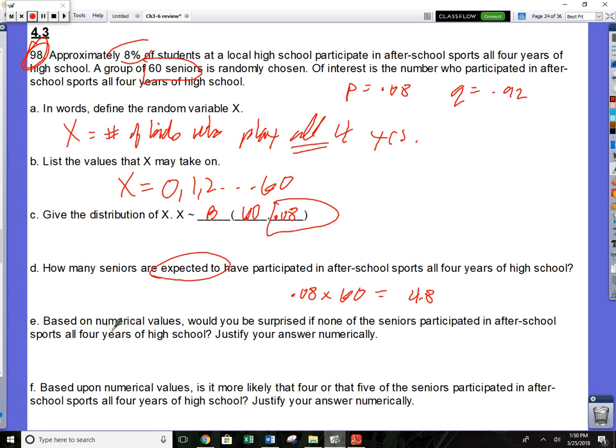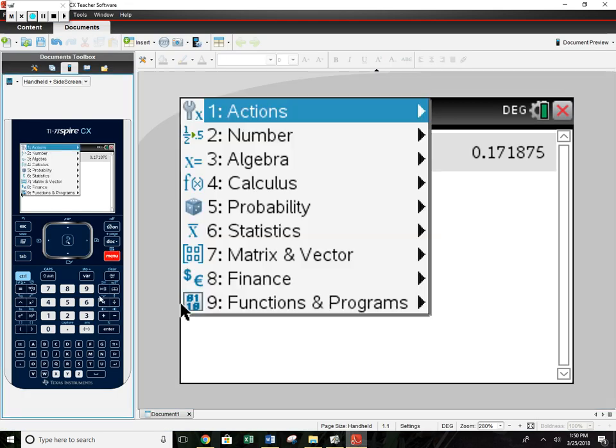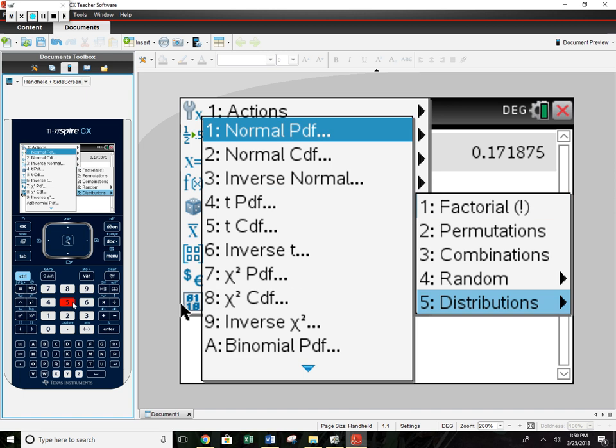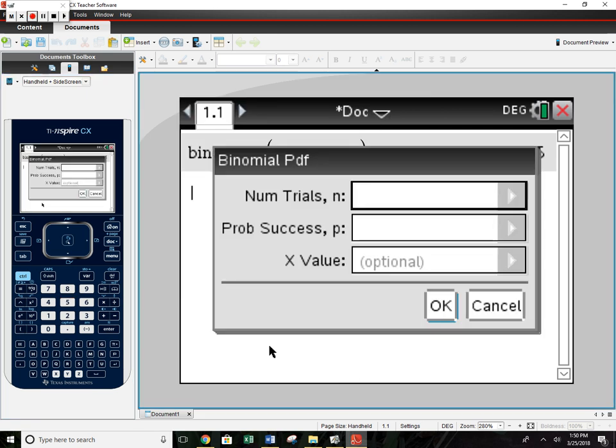E. Based on numerical values, would you be surprised if none of the seniors participated? Okay, so here we go. None, that is going to be this. I want to know, what are the chances that none of them play? So that's calculator. So we're going to go menu, 5, 5. And it is just a probability distribution function, so it's just a PDF. So number of trials, there's 60.